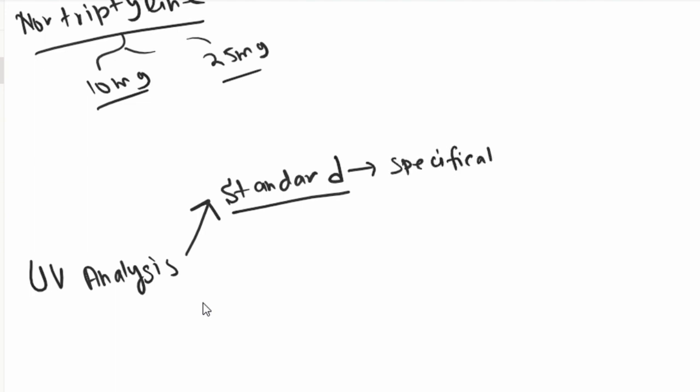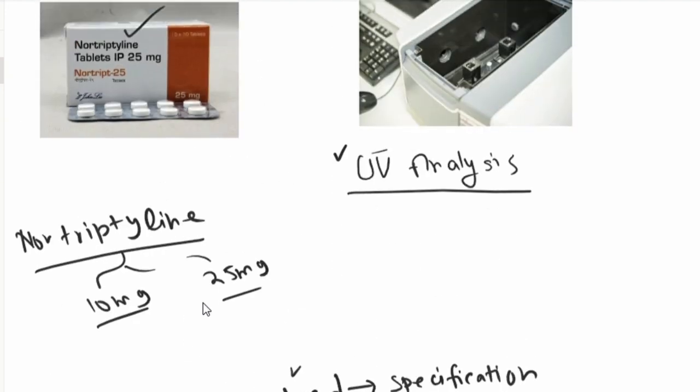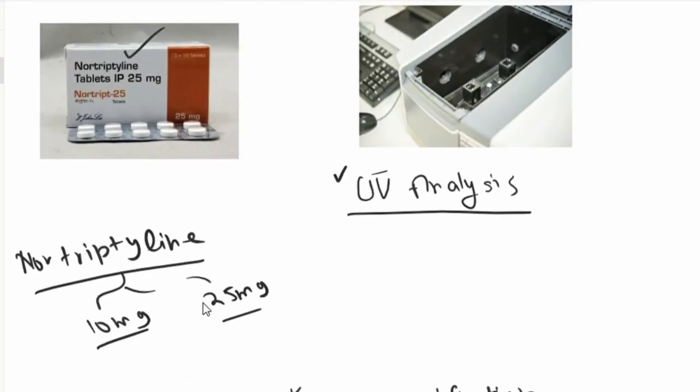It depends on what kind of standard you have to use. How much of the standard you need to take is according to specification, and specifications are designed according to the client, the manufacturer, the company that has manufactured this medicine. So you have to check according to that.